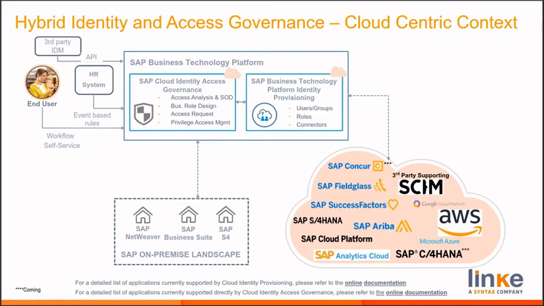First aspect, how to manage identity and access governance over this new hybrid landscape, combining multiple models, again, on-premise, cloud, which can be private or native cloud application. So we have a cloud native solution called Identity Access Governance that will allow you to manage the user lifecycle management.